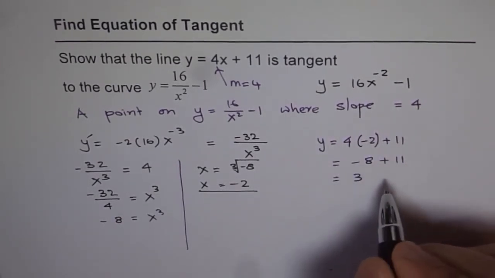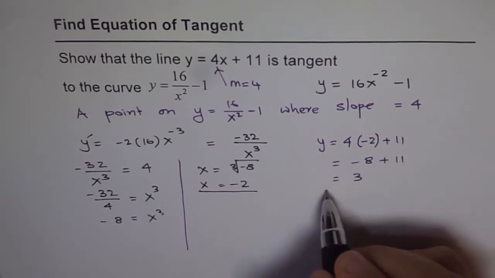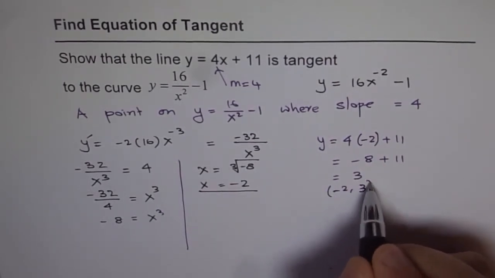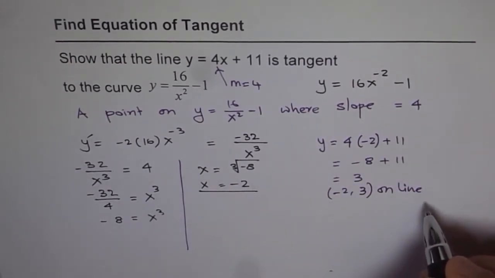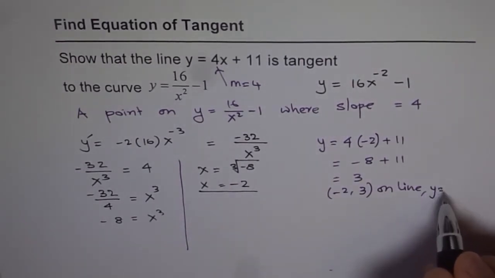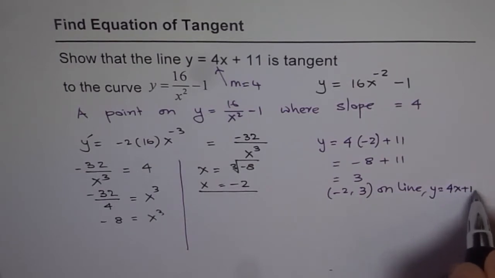So the point is minus 2, 3 on the line y equals 4x plus 11, which we are calling the tangent line.